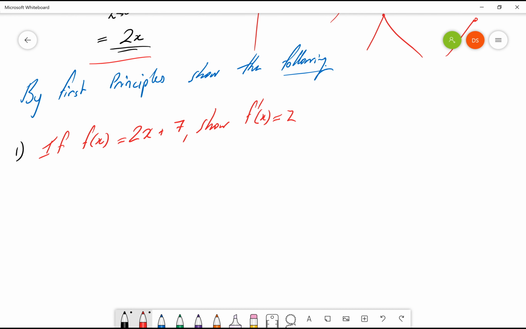Okay. Question 2. If f of x is equal to x cubed, show f dash of x is equal to 3x squared.